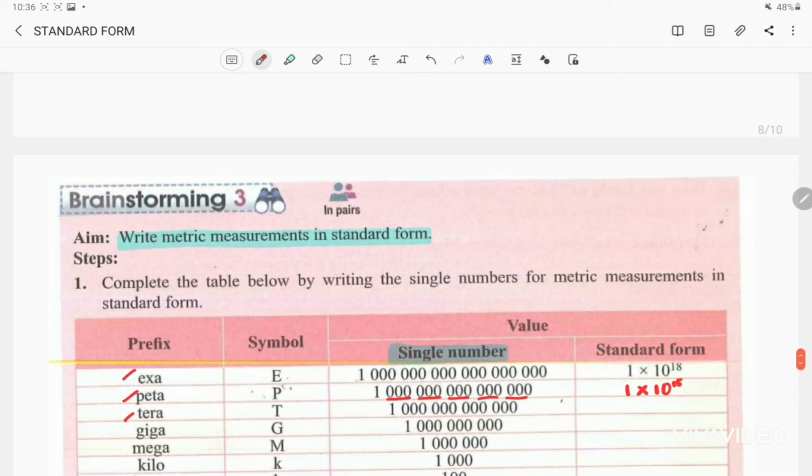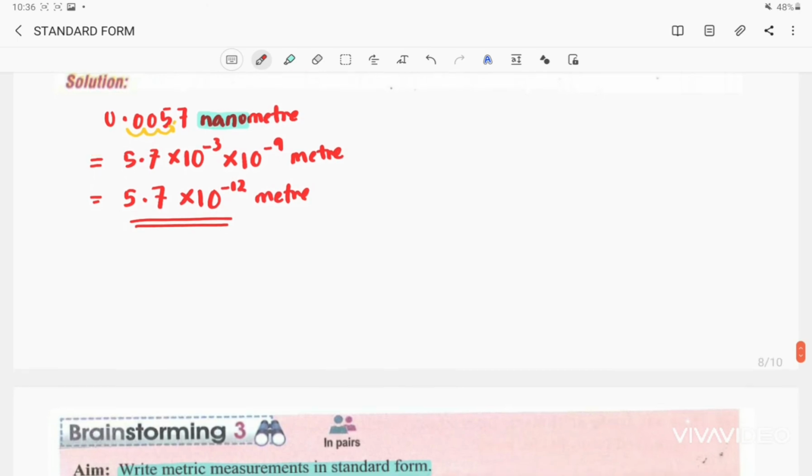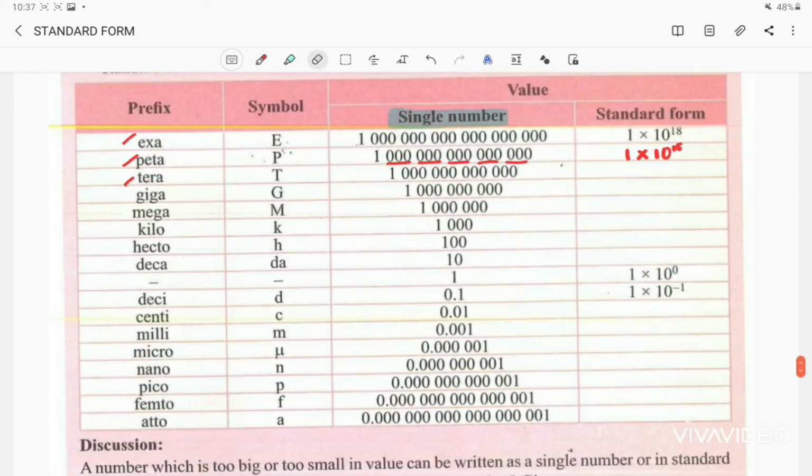Sebab nanti awak akan jumpa soalan yang perlu awak determine dalam unit yang berlainan. Dia bagi dalam nanometer, you have to change into meter. Ataupun dia bagi dalam desi, awak kena tukar pada senti. Itu contoh soalan yang mungkin akan ditanya.